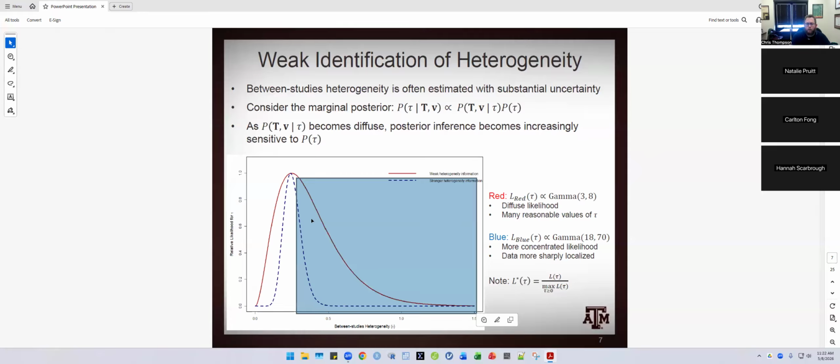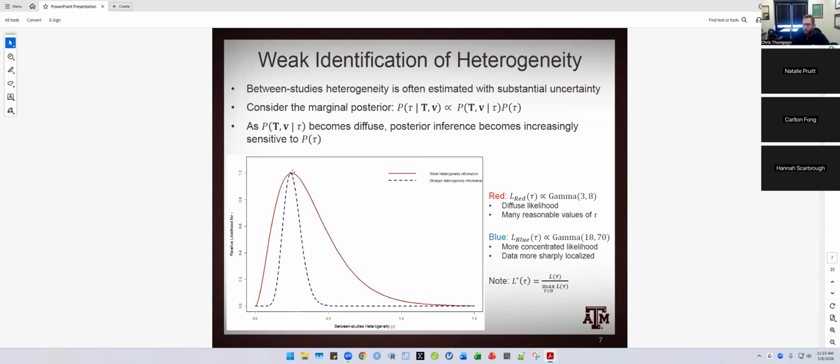But when there's weaker information, maybe there's just not that many studies, or there aren't many studies that have large samples within them, in this likelihood option, the center is about the same again.